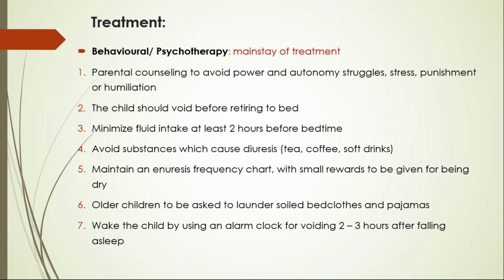Any small reward could be taking him to the park or whatever the child likes. So some sort of a positive reward for being dry, instead of scolding him every time he passes urine in the bed, because all this kind of negative reinforcement makes the child more anxious, and he is more likely to pass urine in the bed. So if the child is dry, reward him.